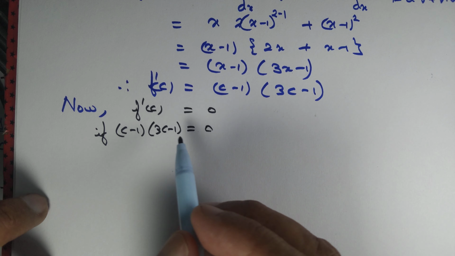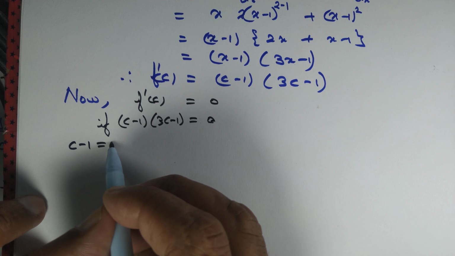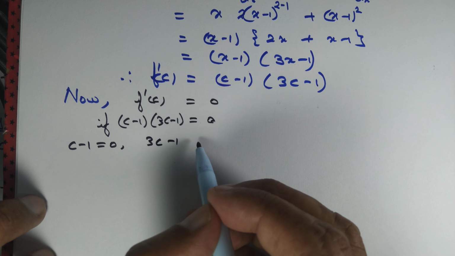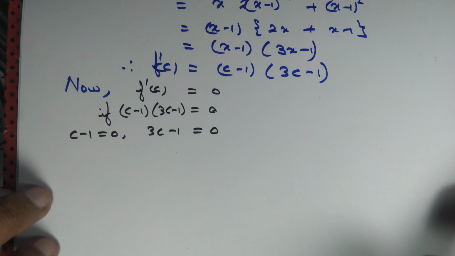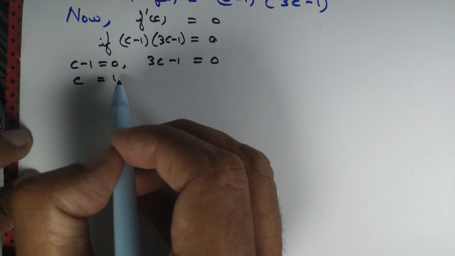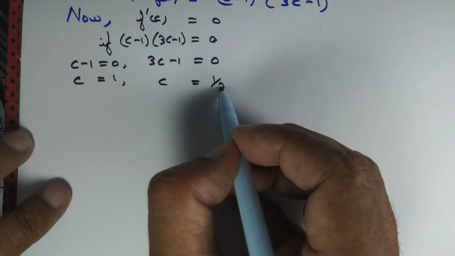Now if the product of two numbers equal to 0, then one of them has to be equal to 0. So either c minus 1 has to be 0 or 3c minus 1 has to be 0. If c minus 1 equal to 0, then c equal to 1. If 3c minus 1 equal to 0, then c equal to 1/3.